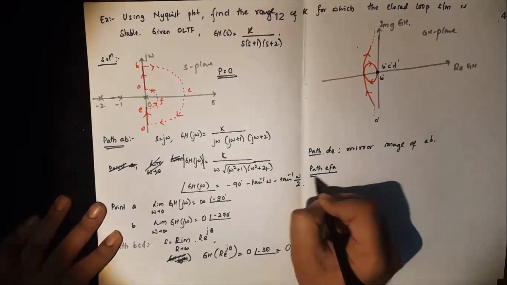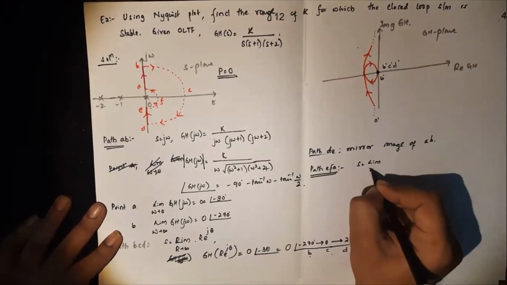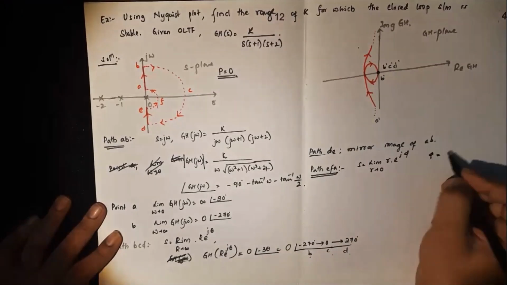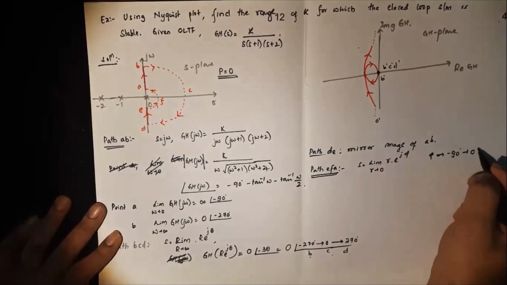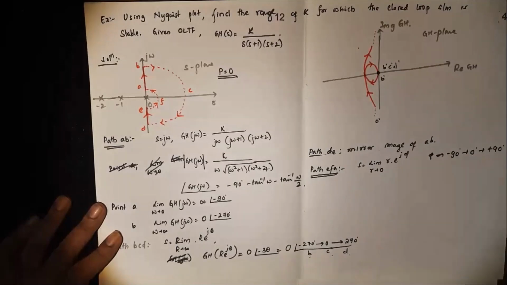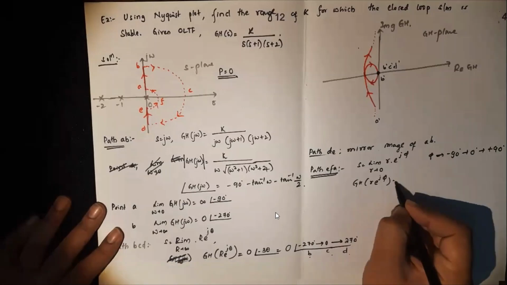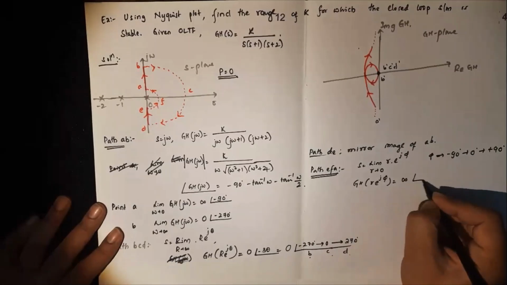And then path EFA. So define what is path EFA. It is limit as small letter r tends to 0, r into e raised to j phi, where phi is minus 90 degree, 0 degree, plus 90 degree. Then GH of r into e raised to j phi.